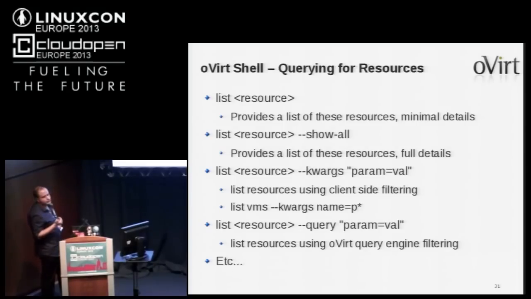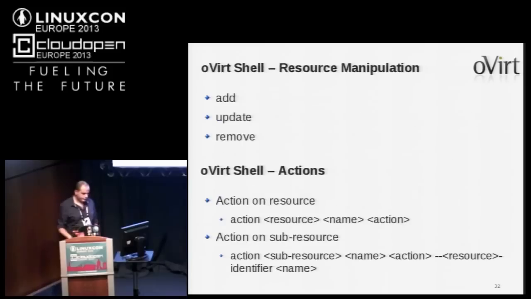You can filter them using either a query on the client side, which means the CLI gets all the information and does the filtering in the client, or send a query to the oVirt engine to filter some objects out, depending on what exactly you would like to do. You can add, update, or remove a resource.